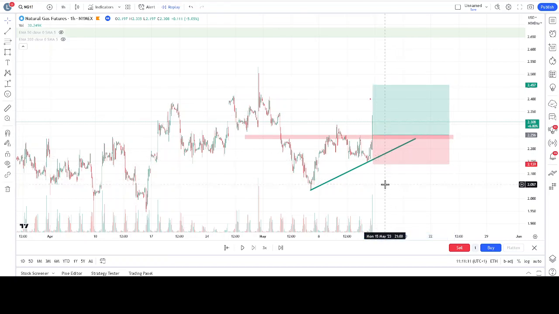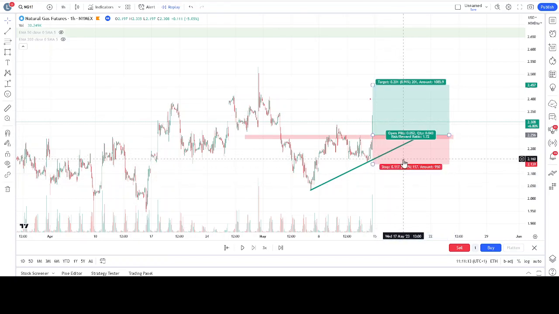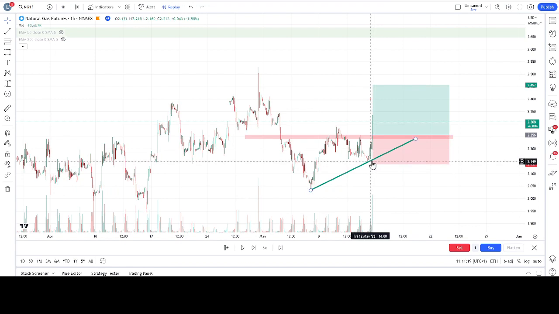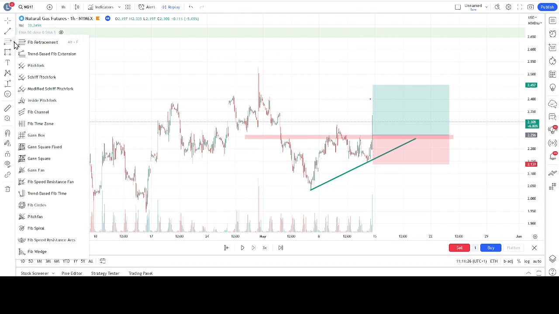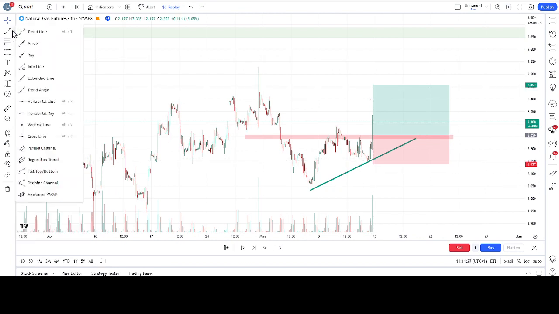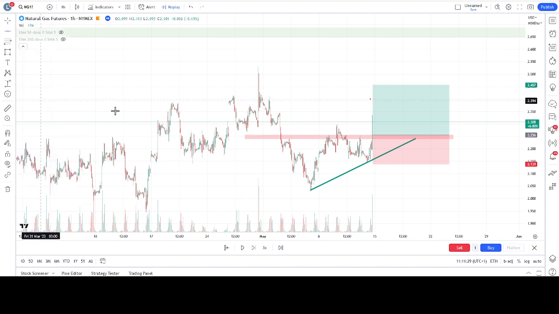Okay, and our stop loss, as I said, for me it is always just below the last bounce on the trend line. And as I said, this also acts as support. So you can clearly see this is a support line. So let me just draw a horizontal line here just to mark it as support.